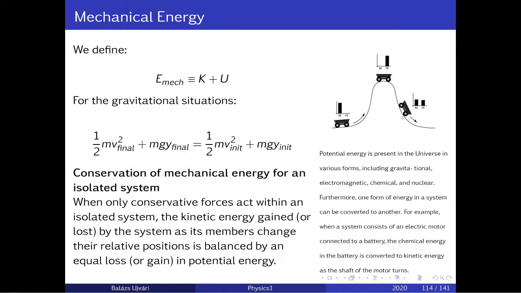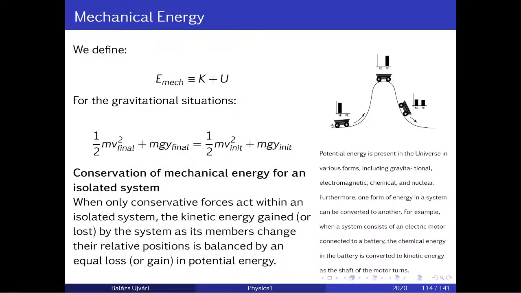Another thing is conservation: energy has to be conserved. If there is a closed system, meaning there are no external forces, no forces will change any energy. The sum of the energy has to be the same. This is the mechanical energy. In this case, the form of the energy can be different.